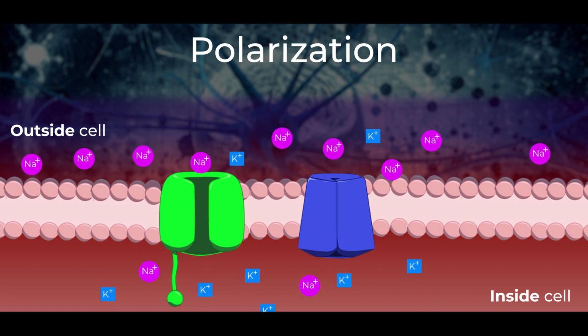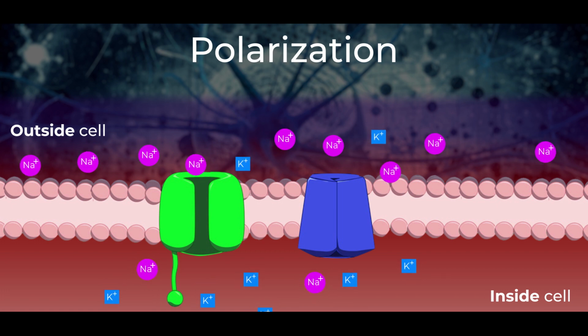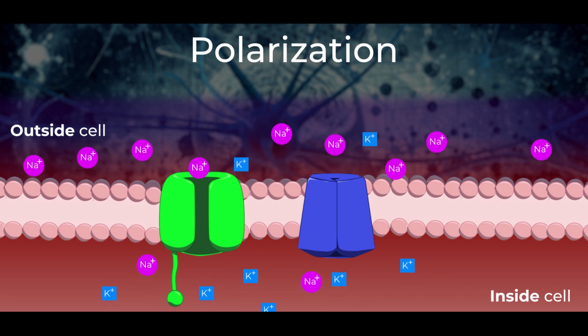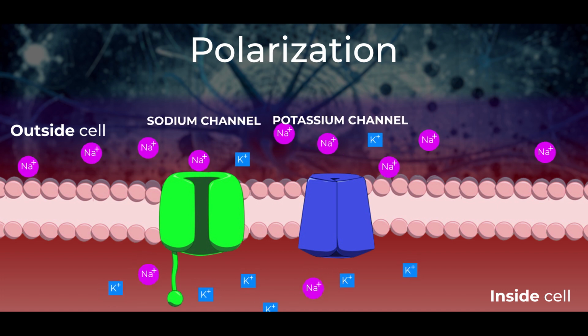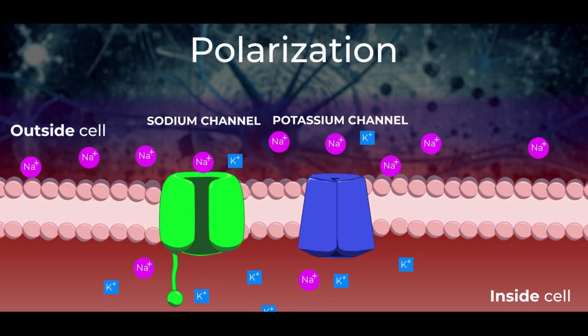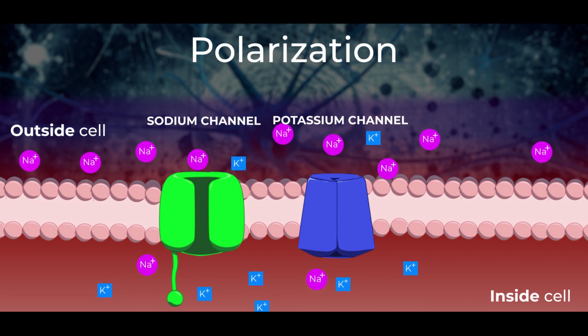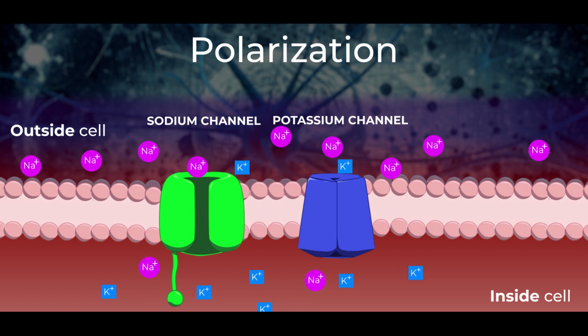Then, in the cell membrane, you will also find gates or channels, called the potassium channel and sodium channel. The main function of these channels is to help in the movement of sodium and potassium ions in and out of the axon fiber.